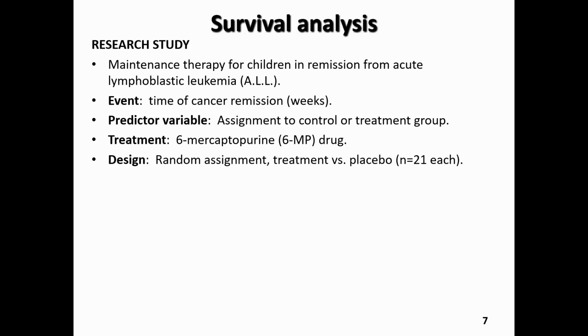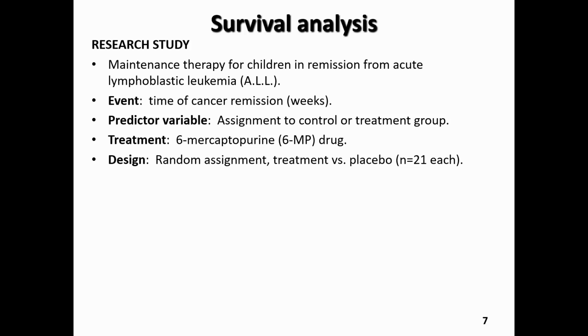This research design involves random assignment and is intended to examine differences between the treatment group and the placebo group, with the goal of 21 patients entered into each of the two groups.